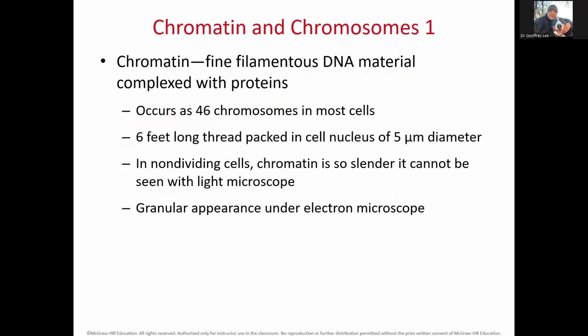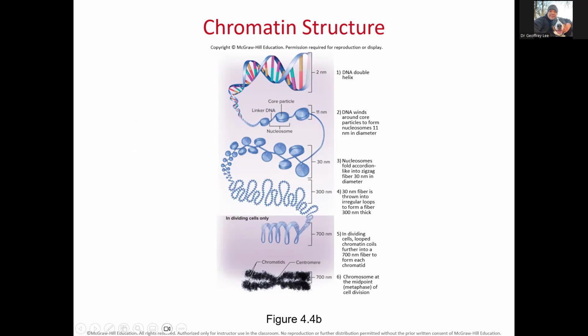Chromatin and chromosomes. Chromatin is fine filamentous DNA material with proteins. It occurs as 46 chromosomes in most cells. Now, as we'll see in a second, whenever you see a double-arm structure like this, we have double the DNA.